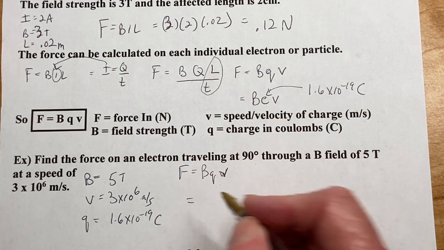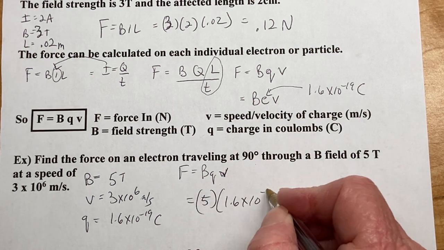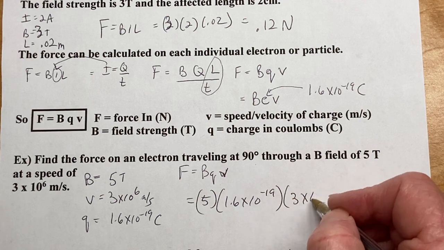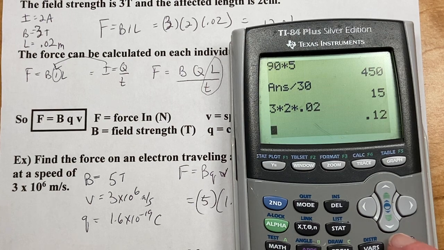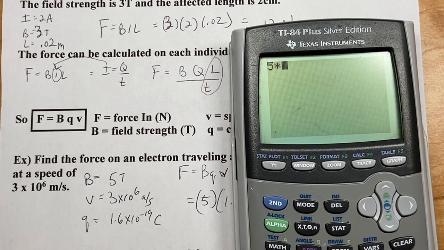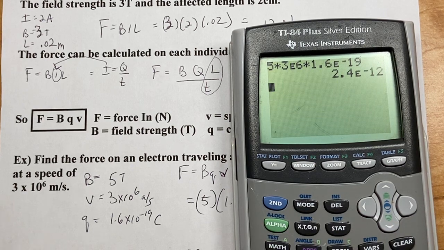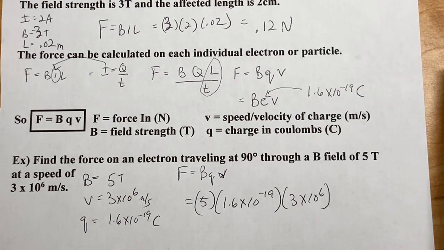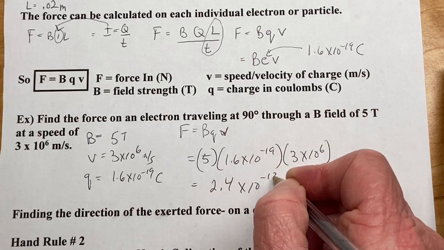We're going to have 5 times 1.6 times 10 to the negative 19 times 3 times 10 to the 6th. Looks like we're getting 2.4 times 10 to the negative 12th newtons.